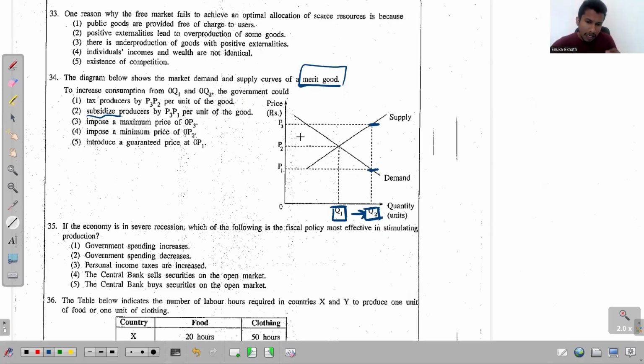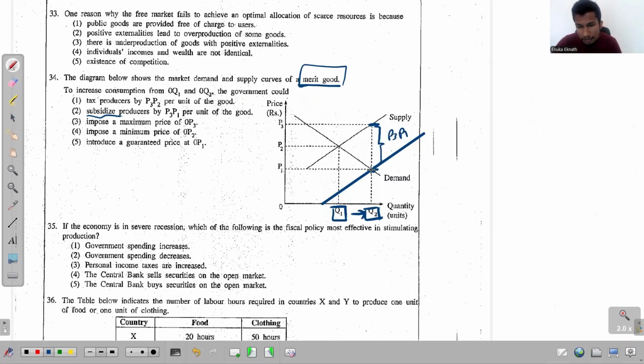If you construct another curve parallel to this supply curve, the parallel curve should be at this much distance from the earlier supply curve, a distance of P3, P1.